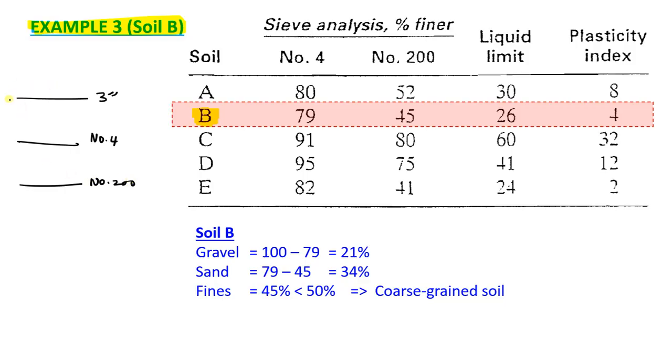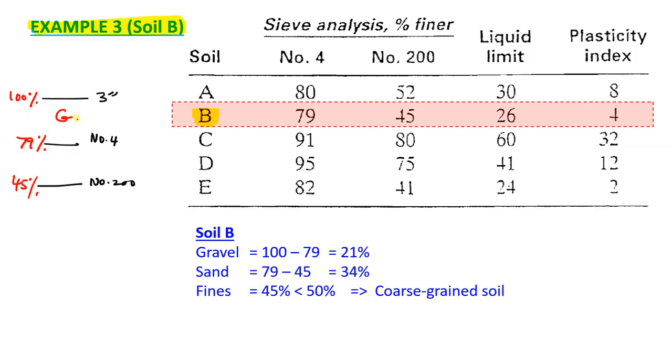At 3-inch the passing is 100%, 79% is going to pass from number 4, and 45% is going to pass from number 200.